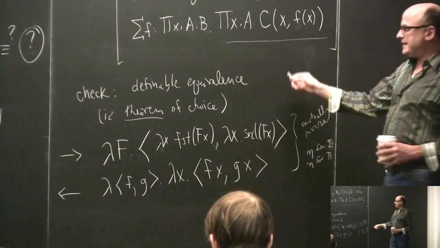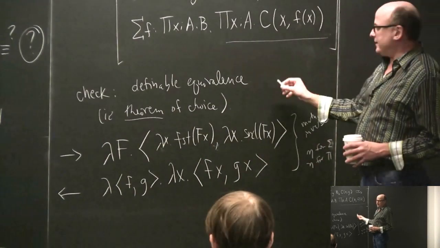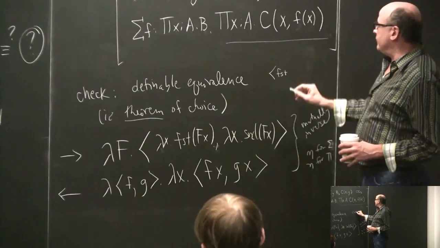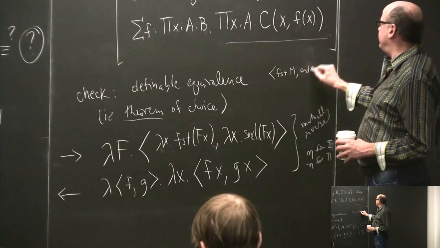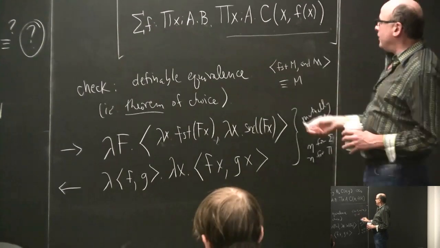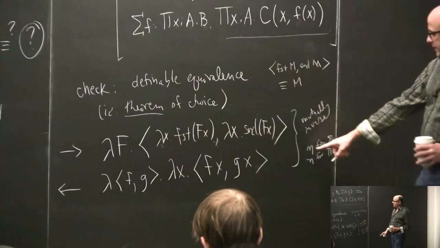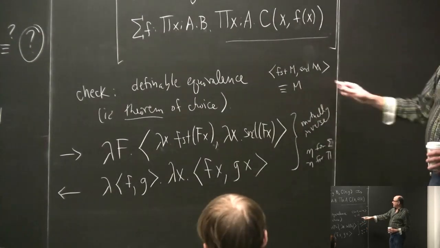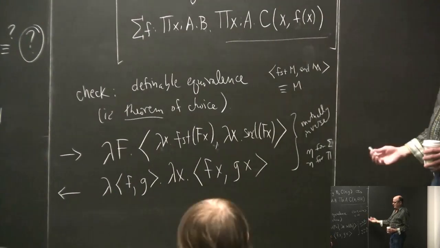Remember, we postulated there's that uncomfortable thing about what exactly should be definitional equality. What I ended up using in the proof is that the pair first m, second m is m. That's what I mean by eta for sigma. And the eta for pi is what you think: lambda x, m x is m. I use that in my argument.